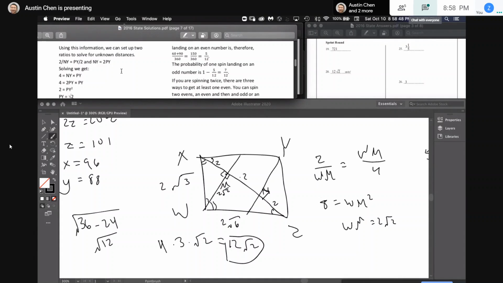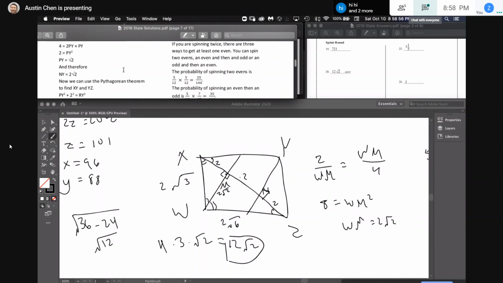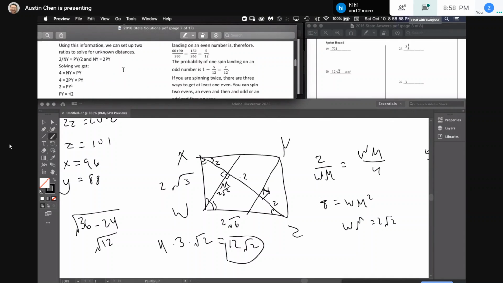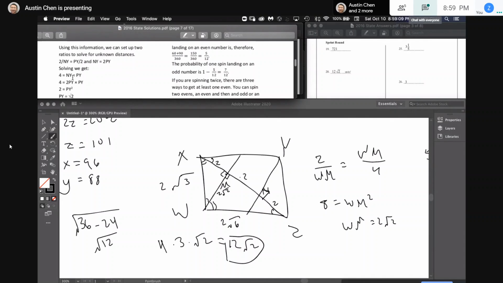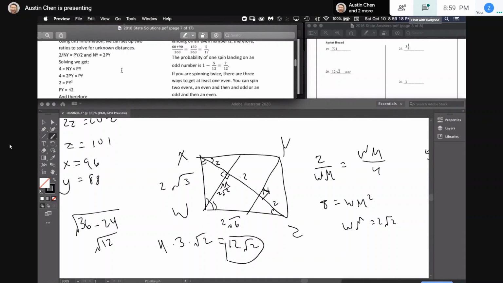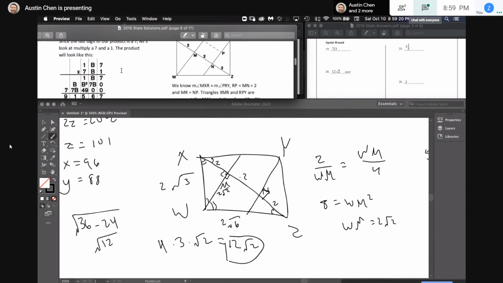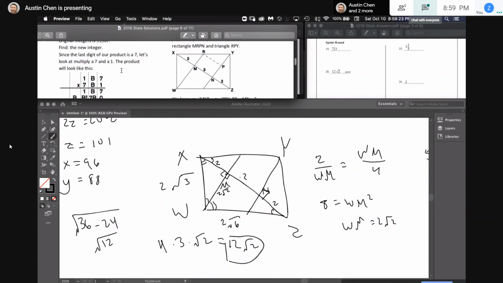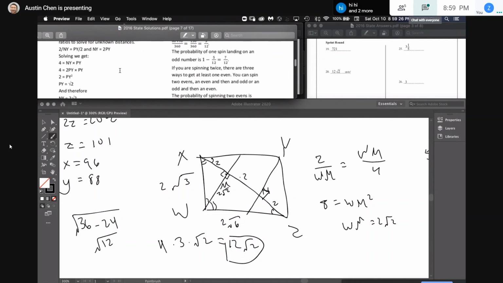I think that's what they're saying. Okay, 4 is NY times PY. Wait, how did they get 4 equals NY times PY?